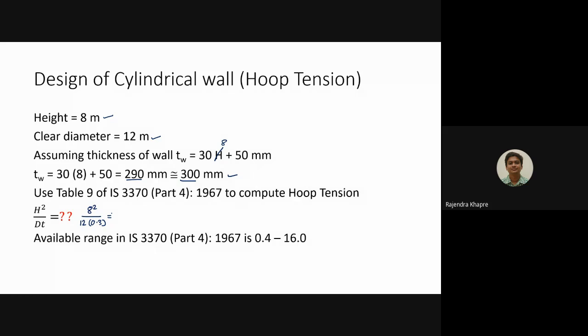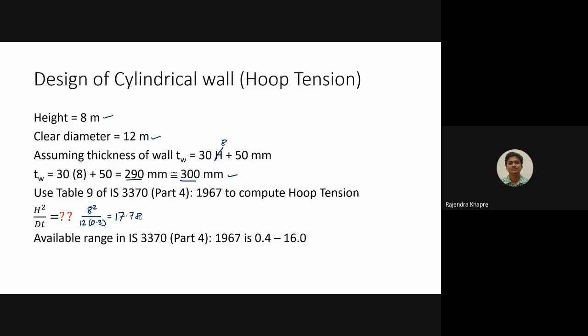H square by dt value. Please take out your calculators and give me the value of h square by dt. 17.78. Okay, so this is 17.78.